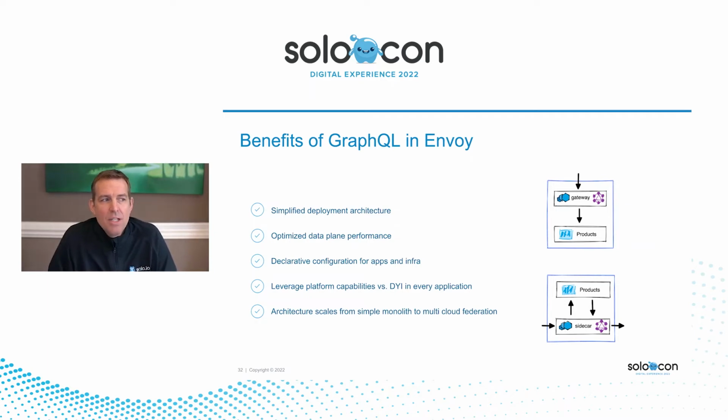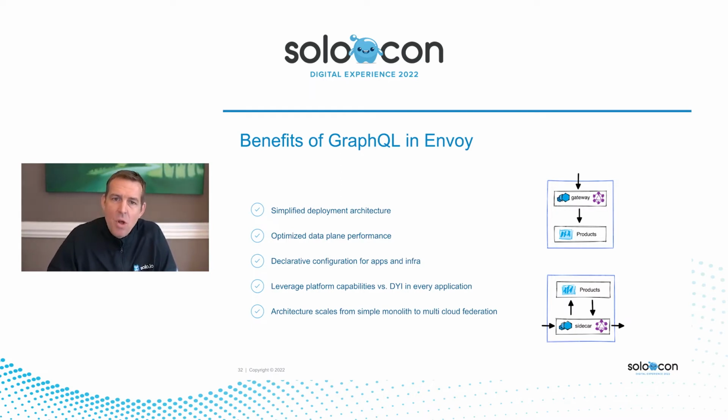Finally, the last point I'll mention, if you go back to the phases of GraphQL adoption, we just want to highlight that at the earliest phases of GraphQL adoption, the architecture we have with Envoy is perfectly suited for basic use cases. If you're standing up a simple monolithic GraphQL API, proxy's already there. It's super lightweight, super easy to get started.